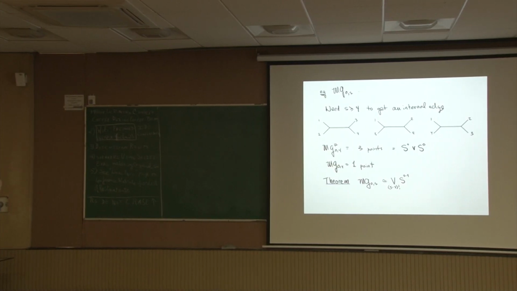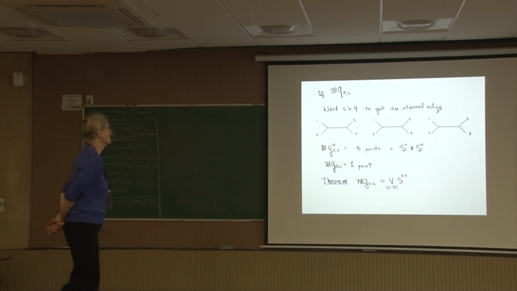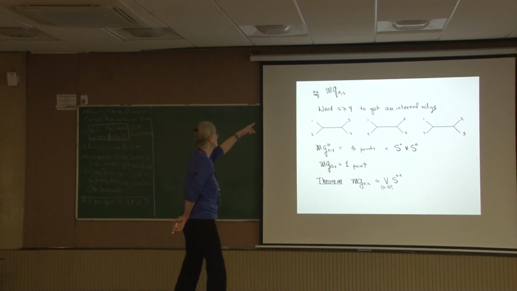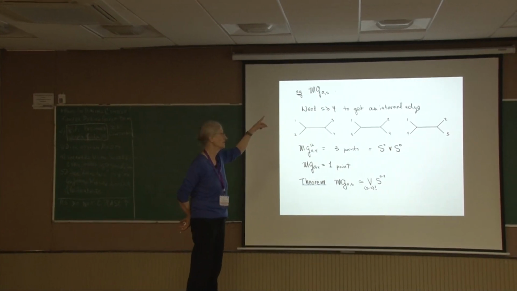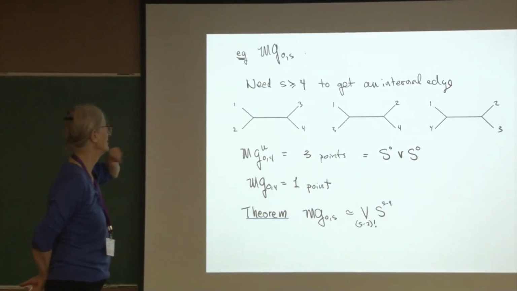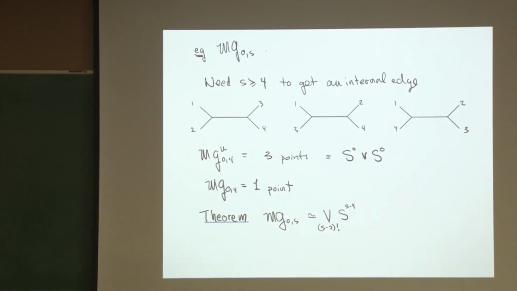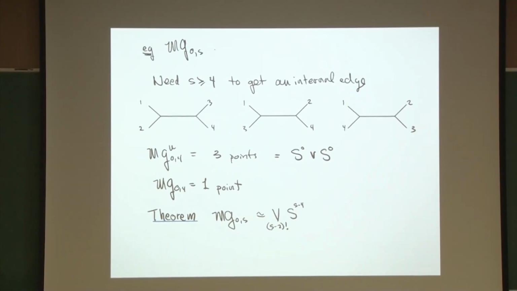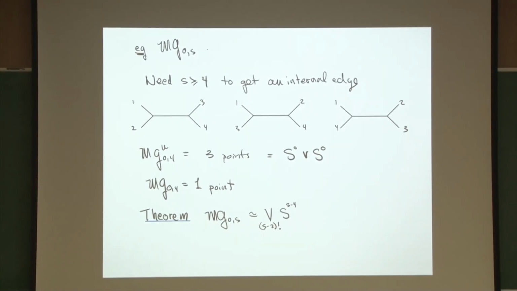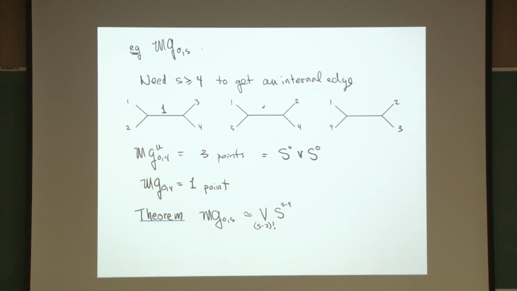So let's think about what these spaces look like in some examples. If the fundamental group is trivial, then I need at least 4 leaves to get an internal edge. And remember, I've normalized so that the sum of the internal edges has length 1. So that's supposed to be a 1. So there's exactly 3 different graphs that I can get with labeled leaves with 4 leaves. So the whole space of graphs is 3 points, those 3 points.